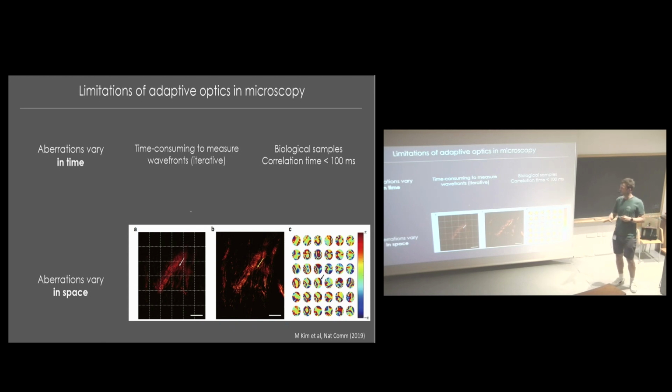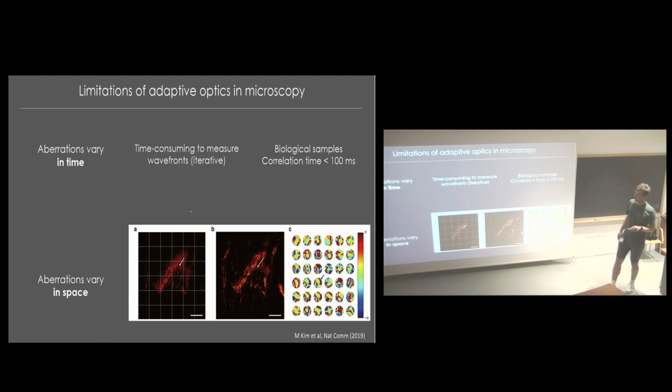Of course, you can divide it into different kinds of aberrations. Basically, if you want to image in depth, you will have mostly spherical aberration or stuff like this, because you are imaging not in water, but in a different medium. But you also have some aberrations that vary quite quickly.